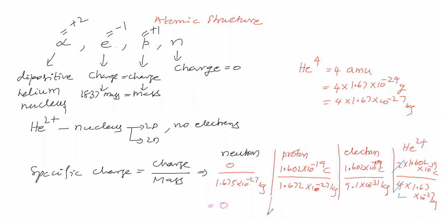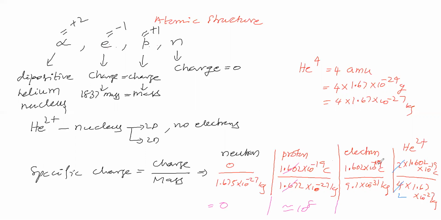Regarding proton, this 1.6 roughly we will cancel it. Then 10 power minus 19, 10 power minus 27. So 19 goes out, in the sense 10 power minus 8. Therefore roughly 10 to the power of 8 coulomb per kilogram. Here we will see it is roughly 10 power minus 30.